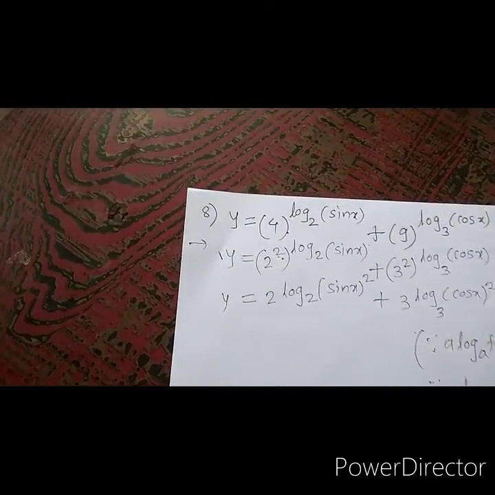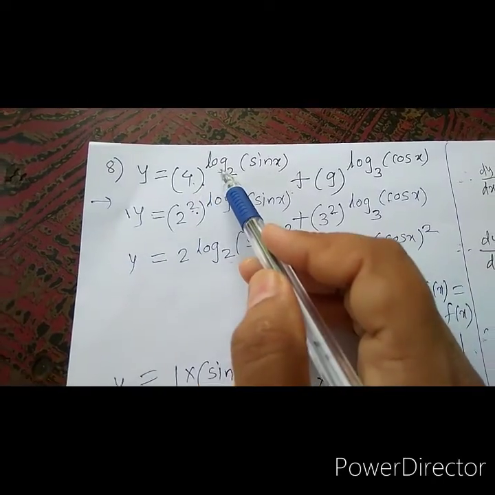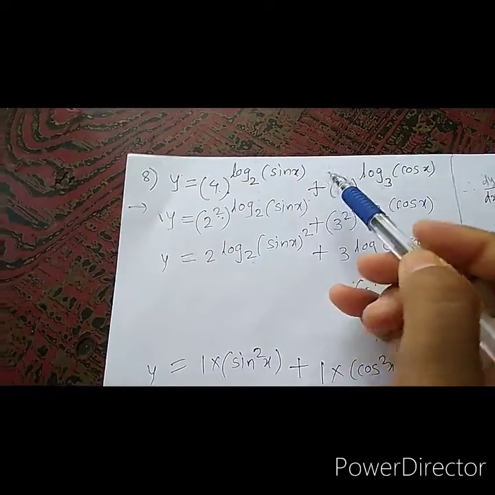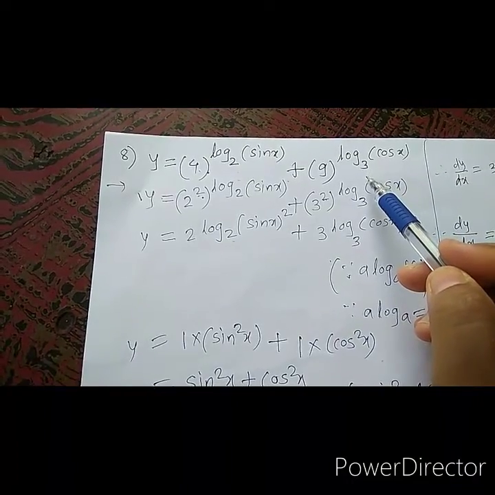This is the answer of this given example. Y is equal to 4 raised to log of sin x to the base 2 plus 9 raised to log of cos x to the base 3.